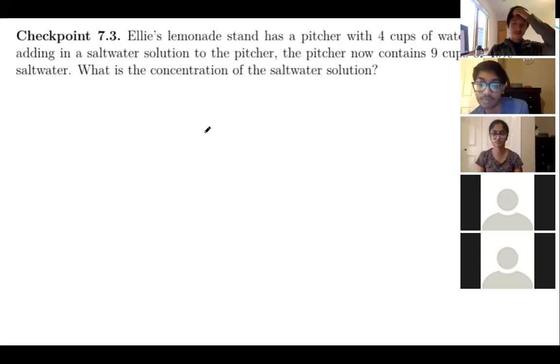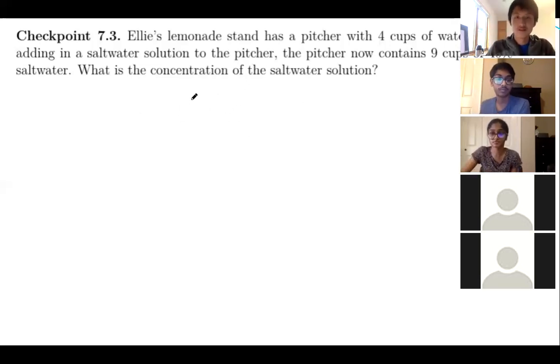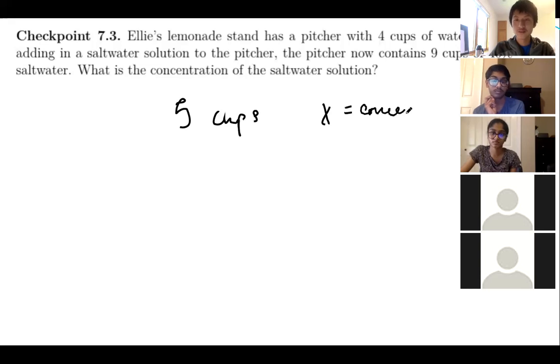Okay. So for this one, the pitcher starts with 4 cups of water and it ends with 9 cups. So that means we added 5 cups of salt water. So now let's let X be the concentration of those 5 cups.